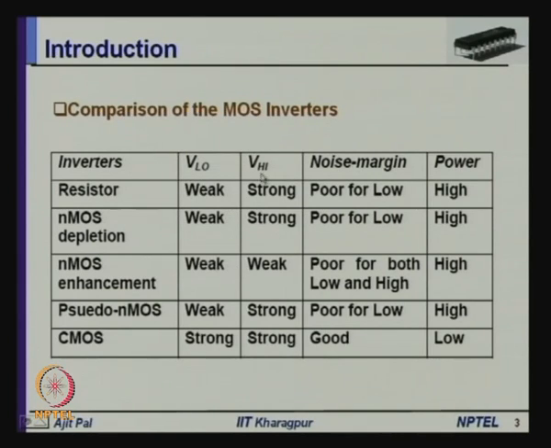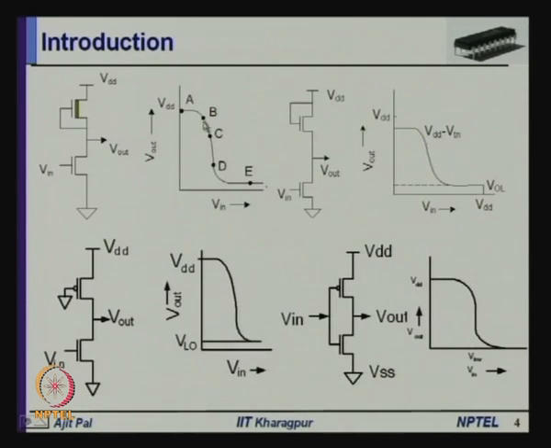Similarly, we can compare the high level output, which is strong for all the cases except for the NMOS enhancement type inverter, where the pull up device used is NMOS enhancement type. For all other cases it is strong. Strong means we shall be getting VDD at the output. As you can see from these diagrams, we are getting VDD when we use an NMOS depletion type transistor as pull up, we are getting VDD when a PMOS transistor is used as pull up, and in case of CMOS also we are getting VDD at the output.